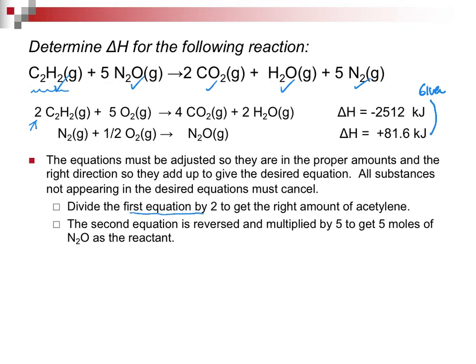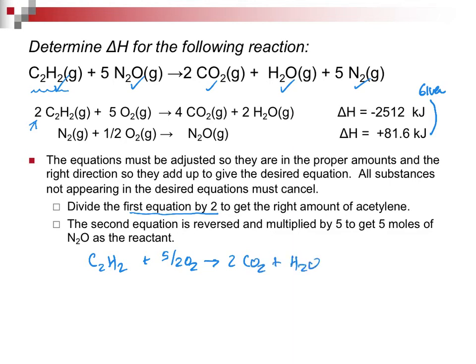So I would divide the first equation by 2 to get the right amount of acetylene. I would write C2H2, I'm going to leave the phases off, 5/2 O2 going to form 2CO2 plus 1 water.